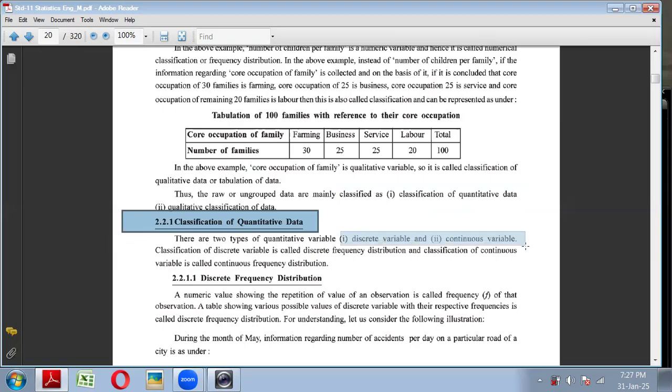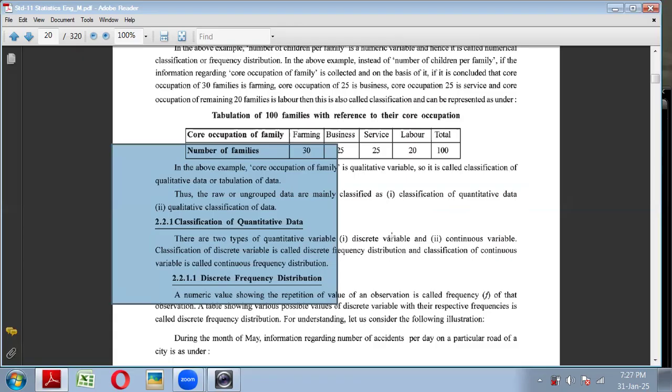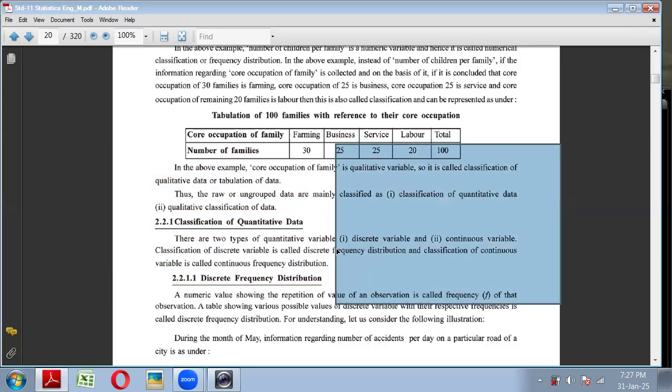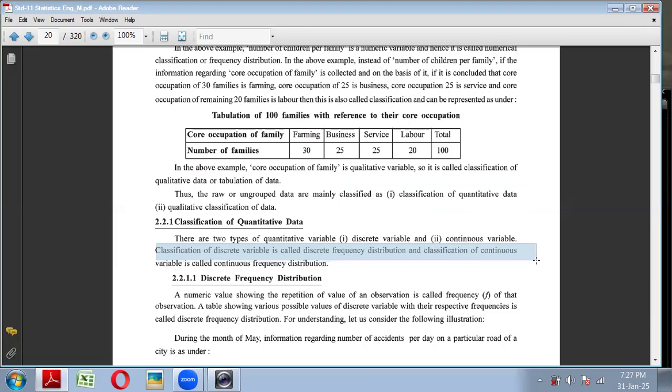As discussed previously, the variables falling under the quantitative data category are discrete and continuous variables. Whenever you classify a discrete variable, it is called discrete frequency distribution. And when you classify a continuous variable, it is called continuous frequency distribution.